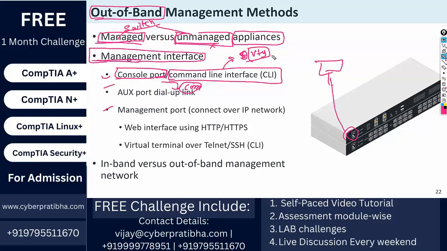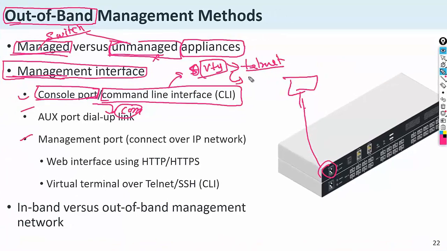The virtual terminal may be telnet or it may be accessed with the help of SSH. You need to first enable the virtual terminal on the device. And on the virtual terminal, you will have to provide the username and password or any other mechanism for authentication which is used by SSH.